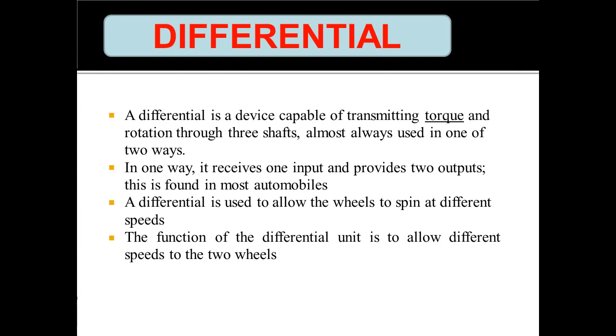A differential is used to allow the wheels to spin at different speeds. The function of the differential unit is to allow different speeds to the two wheels because, while the vehicle is moving in a turning path, the outer wheel should rotate faster than the inner wheel. That's the main function of the differential.